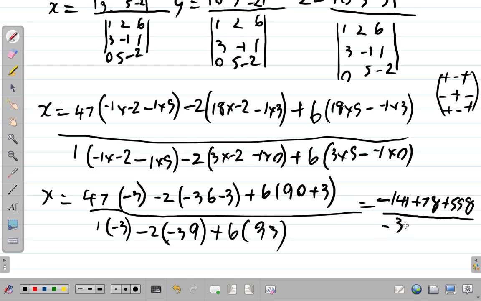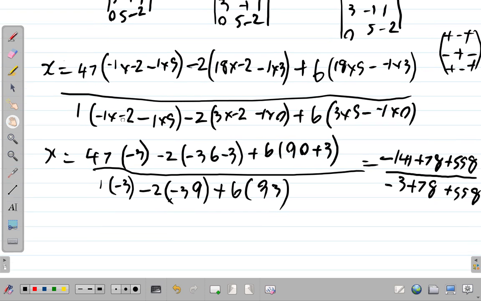Negative 3. This would be minus negative 78, which gives you a plus 78, all right? Plus, we got 6 times 93, 558 up here, so it's 558.